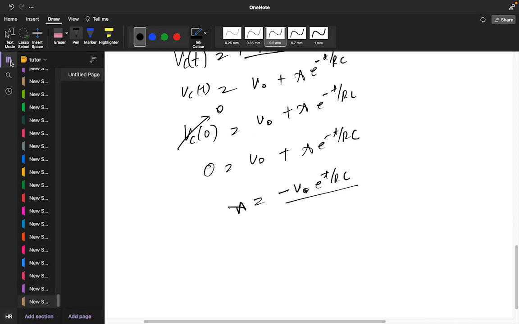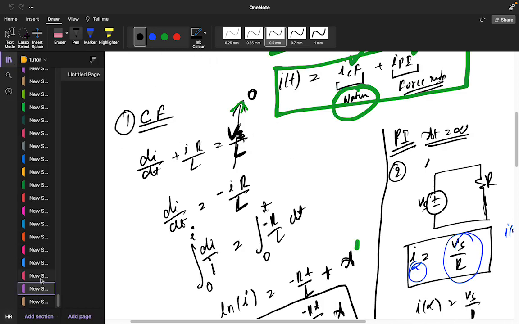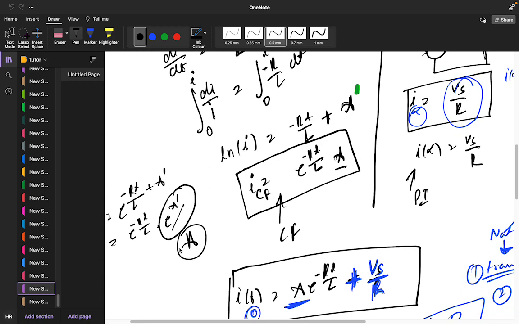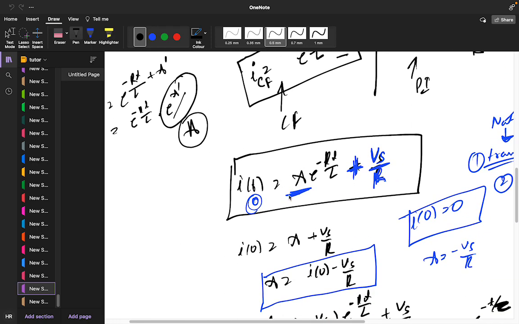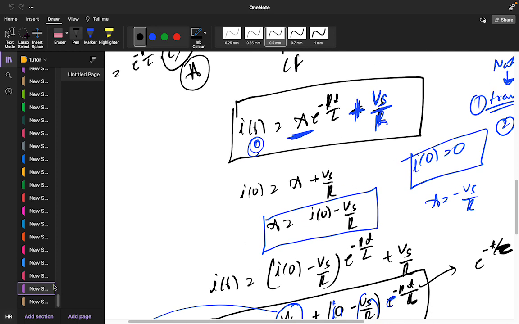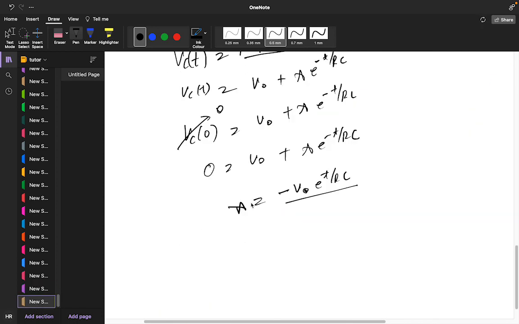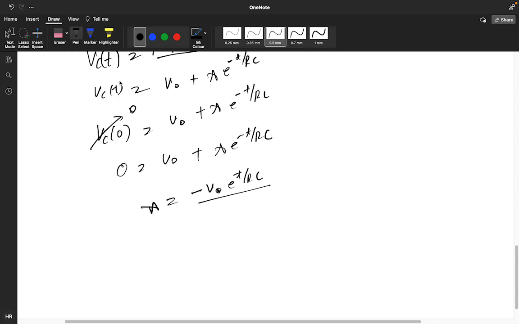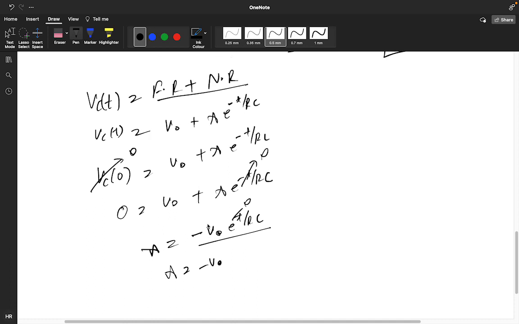Like this, what we solved yesterday, we got plus Vs by R. So we are getting this particular thing. Here you substituted t as 0, so this part is 0, and you are getting the value as minus V naught only.